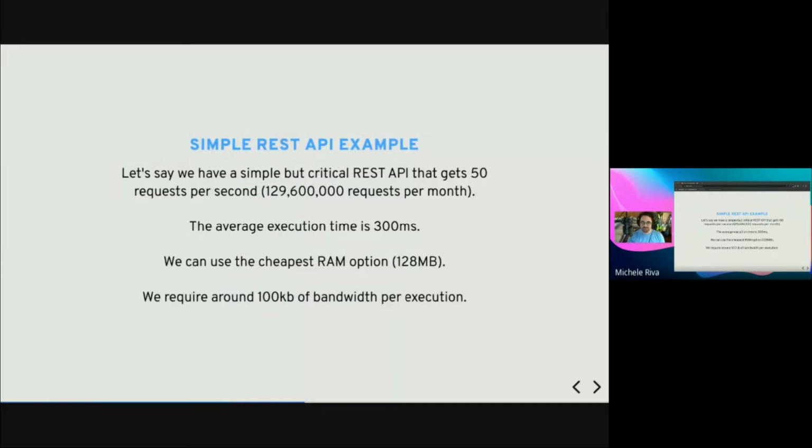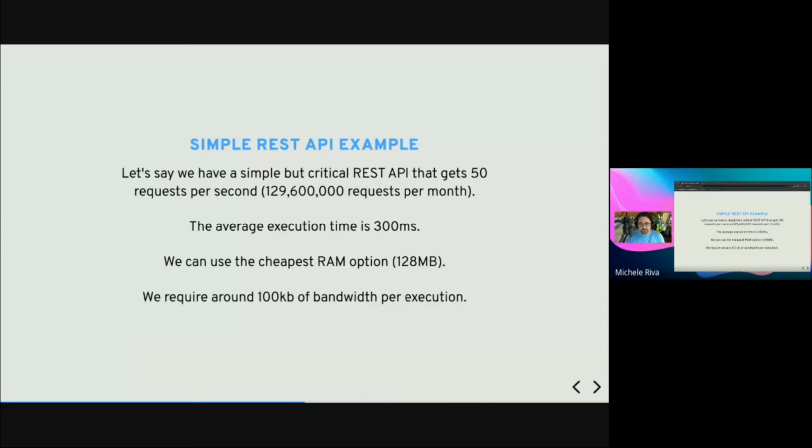Let's try with a very simple REST API example. So let's say we have a simple but critical REST API that gets 50 requests per second, which translates to 129,600,000 requests per month. The average execution time for that API is about 300 milliseconds.